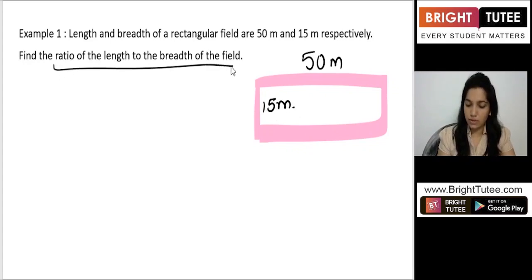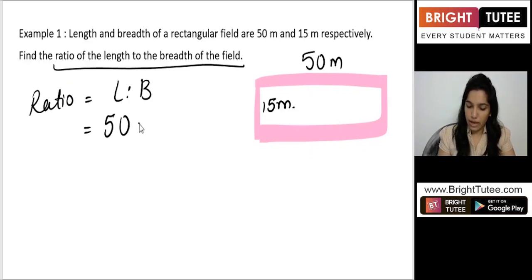Let us find the ratio of length to the breadth. The ratio of length to breadth is 50 to 15. Now you can clearly see that 50 and 15 can be further simplified.